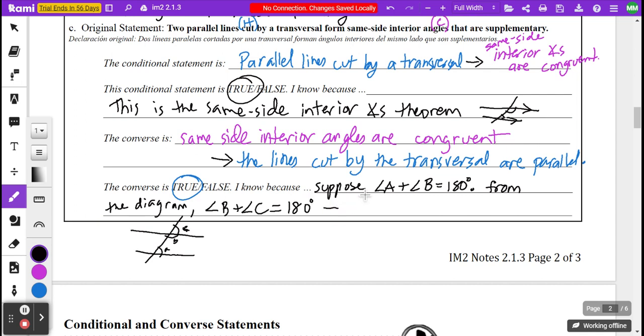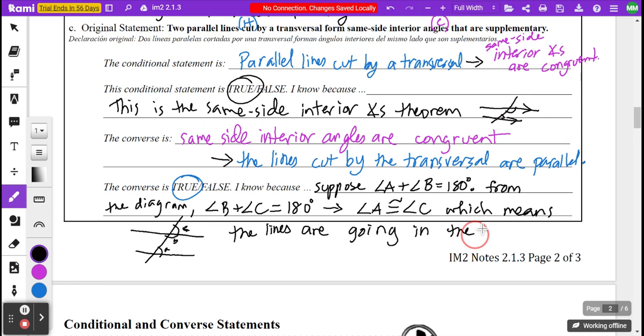That implies that angle A is congruent to angle C, which means the lines are going in the same direction and therefore are parallel, period.